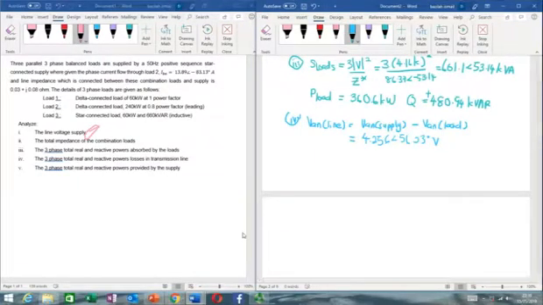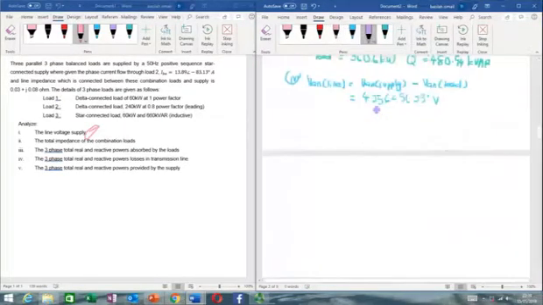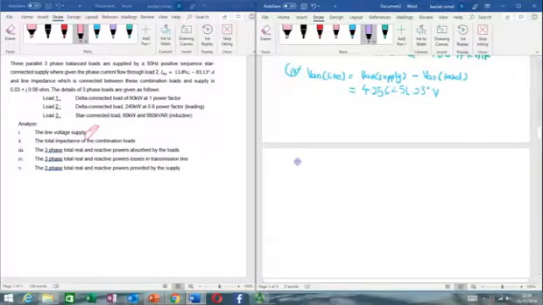Then next we can calculate the S line losses, equal to V squared over Z conjugate. So V is 4.256 divided by the line impedance, which is 0.03 plus j0.08.